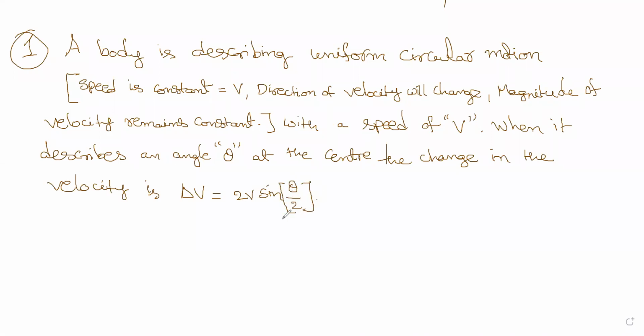Change in the velocity is given by delta v equals 2v sin(theta/2). This is the one we have to prove.